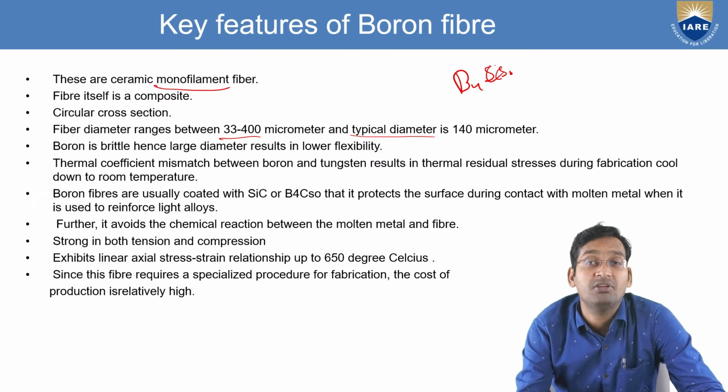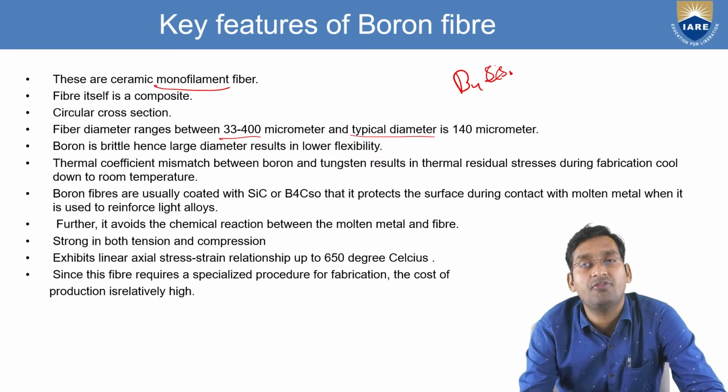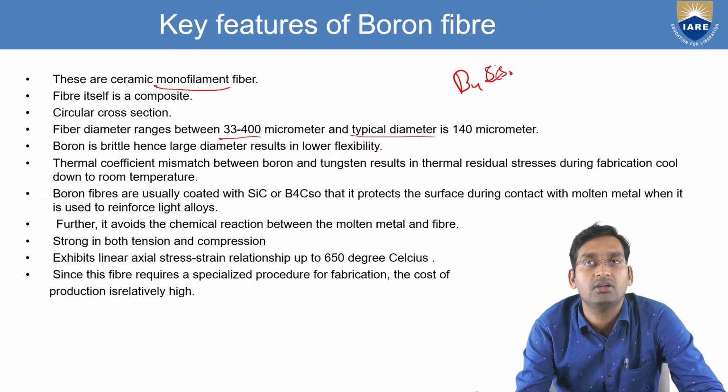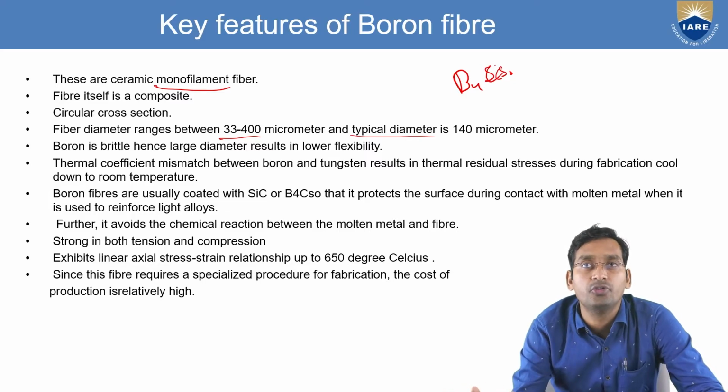Further, it avoids the chemical reaction between the molten metal and fiber. Otherwise, the molten metal and fiber would combine, become molten again, and we would not get the fiber. So the coating is separating them, not allowing them to react with the molten metal.